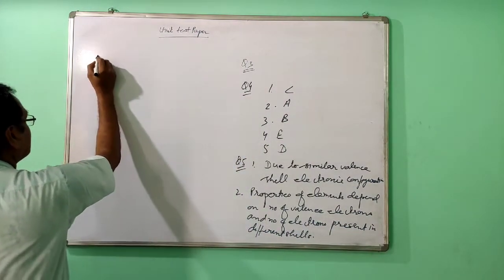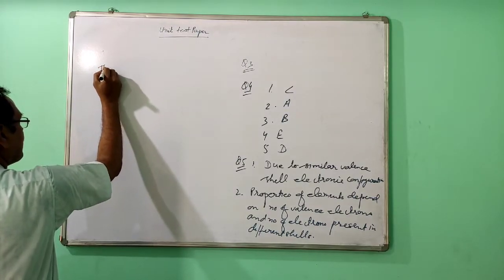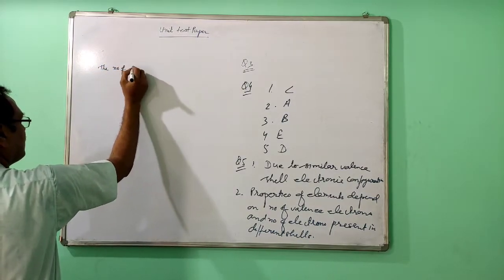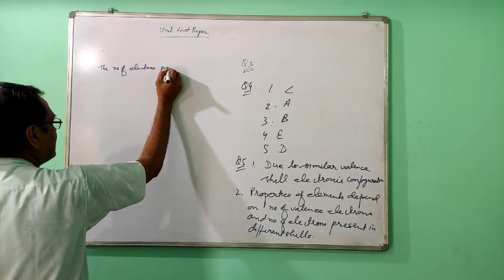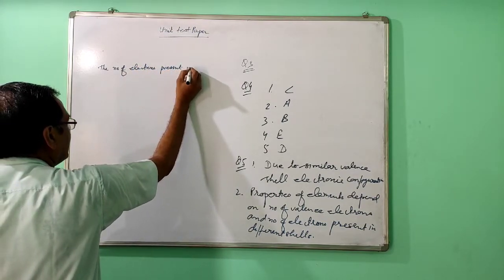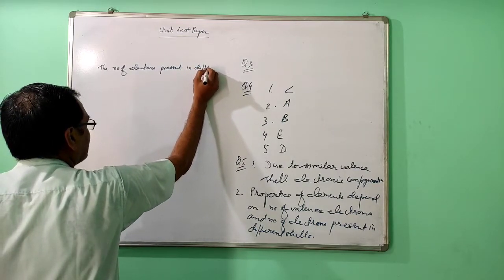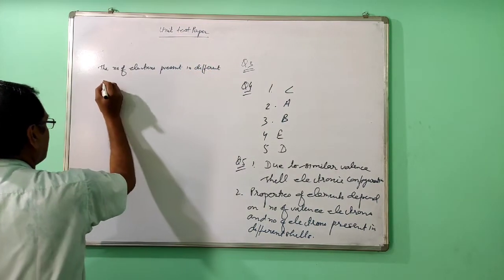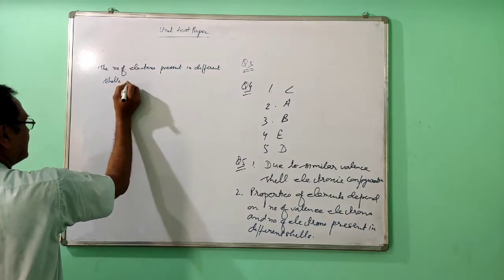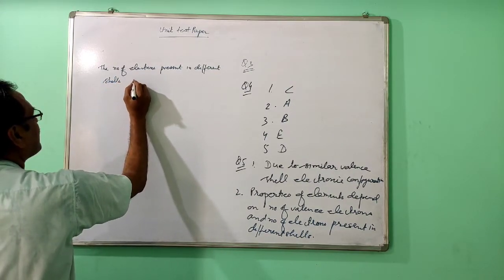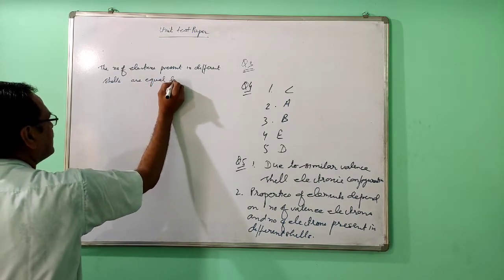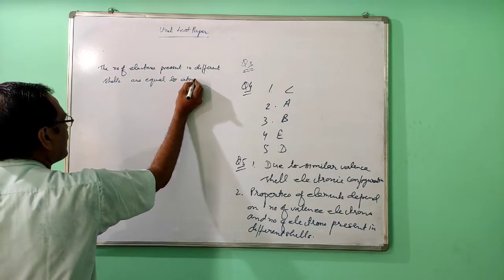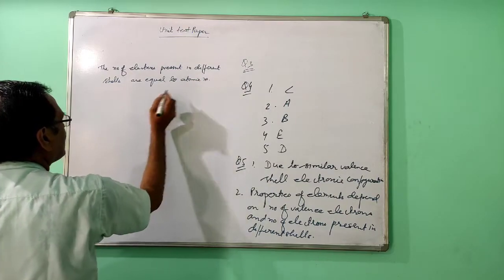The number of electrons present in different shells is equal to the atomic number.